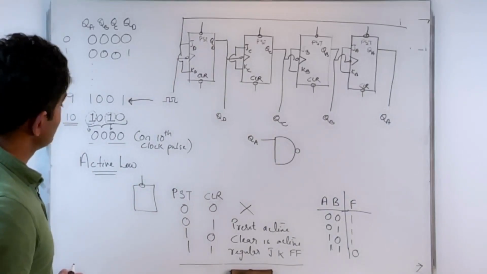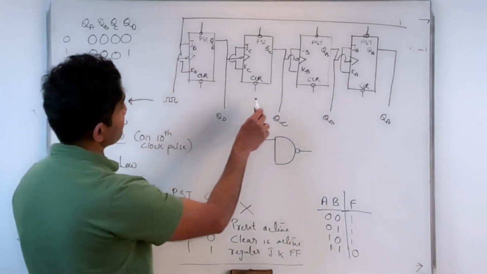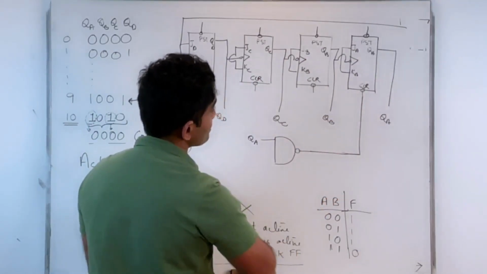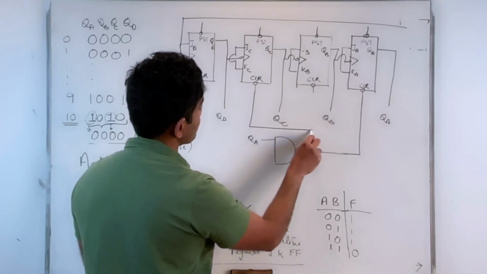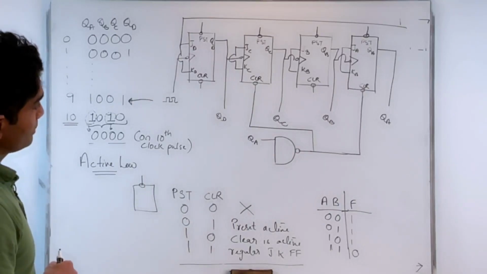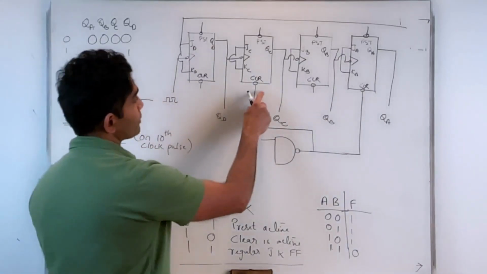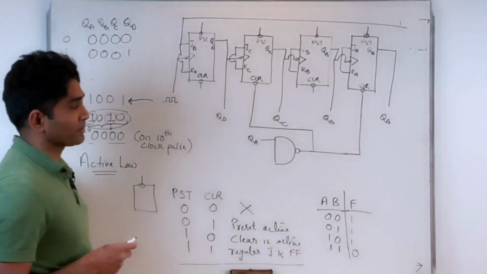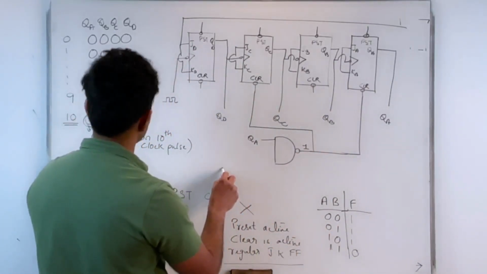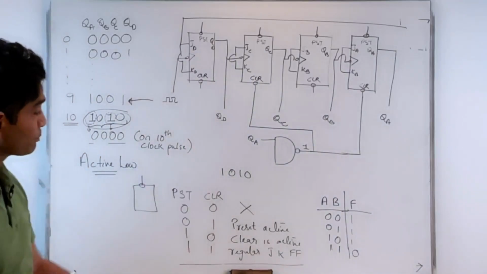So I need to get a 1 here on the 10th clock pulse so that I can apply it to the clear inputs of QA and QC, so that they are cleared. When I read this value 1010, I need to clear QA and QC, and for the rest of the time I don't have to do anything. So I need to get a value of 1 only when I have 1010 being applied to this gate. So what should we apply to this gate as inputs?